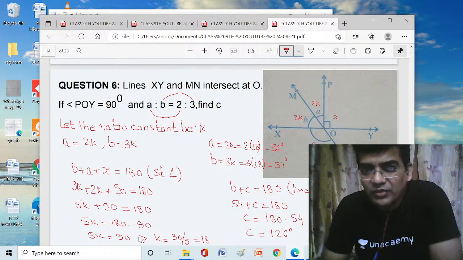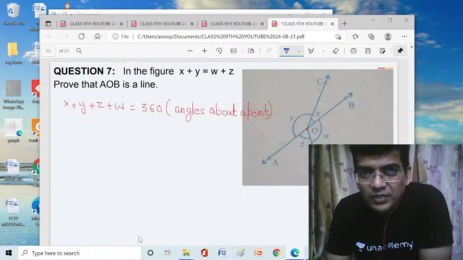Okay, now in this equation, what I can do is x plus y is equal to w plus z. So w plus z can be replaced with x plus y.